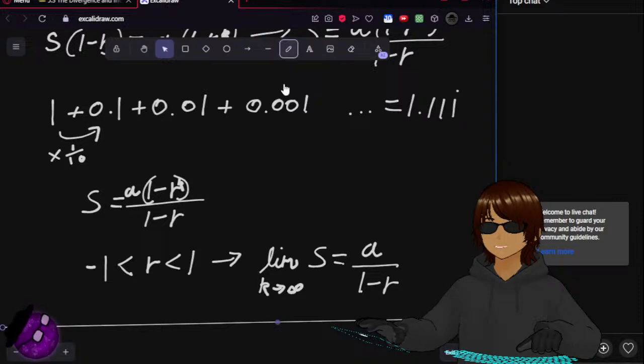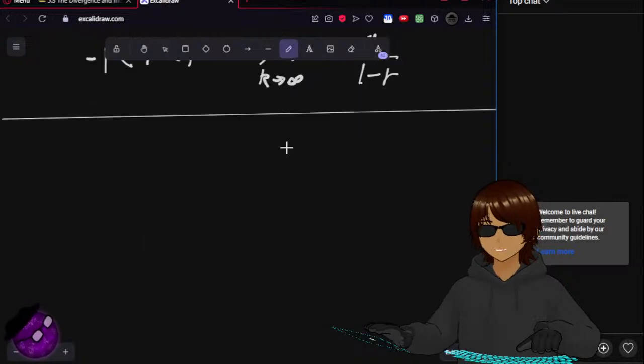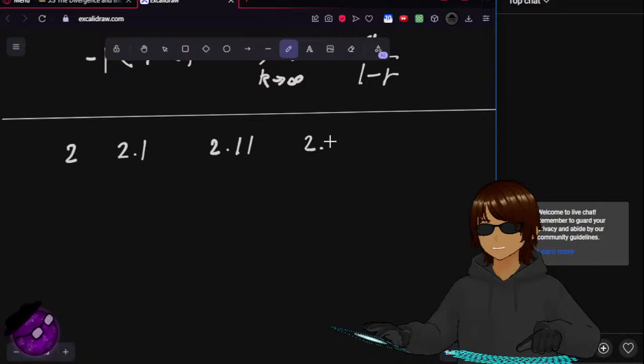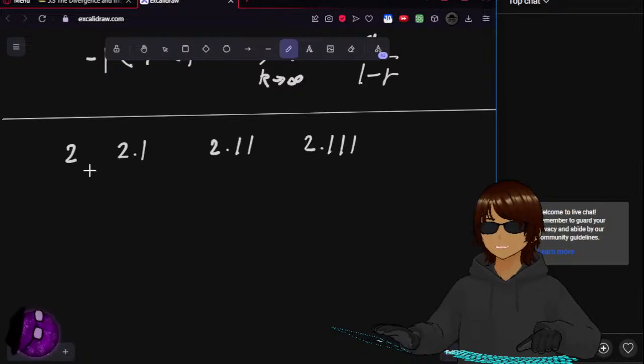If we take this example over here, for example, there's a sequence like this. The first one is 2, the next one is 2.1, the next point is 2.11, the next point is 2.111. This is not exactly a geometric sequence because the ratio is not constant.